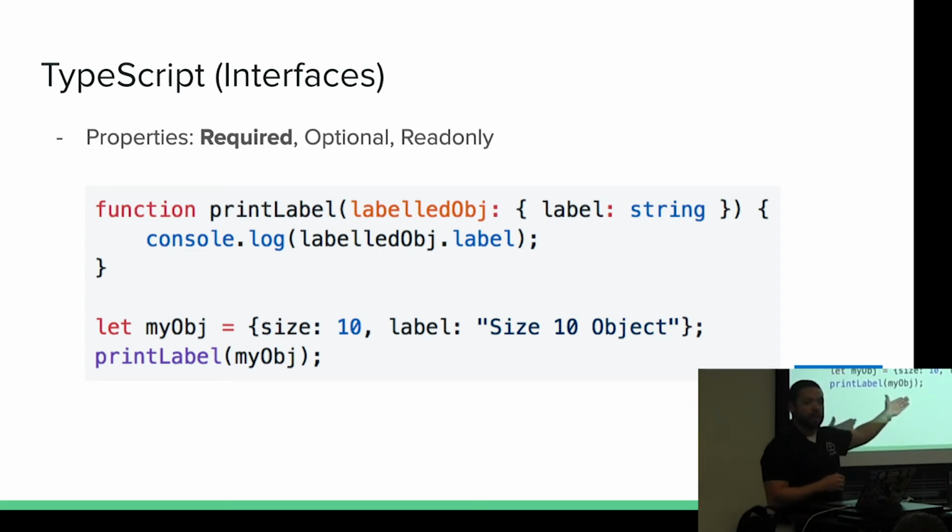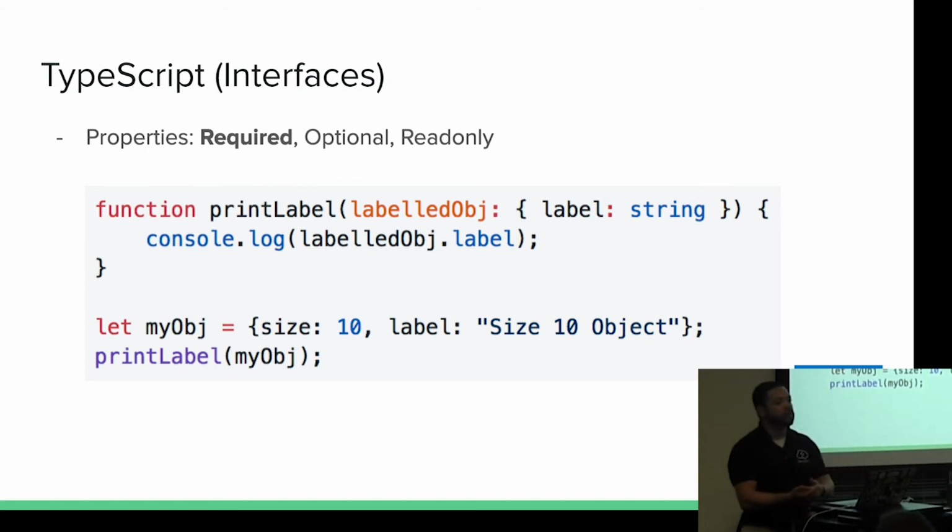So in here, we have an object that has size and label. Now, what TypeScript does is something called duck typing, where basically, if it looks like a duck and quacks like a duck, then it must be a duck. So though this object is not exactly that interface of label and string, it still has that property. Therefore, it satisfies that interface.